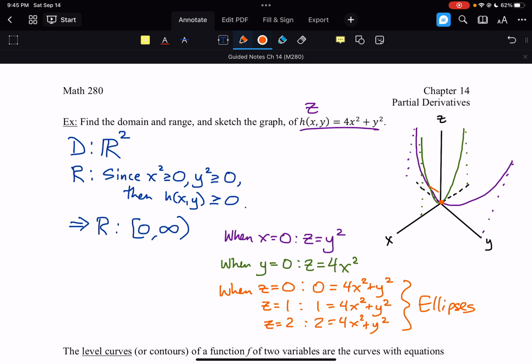Let me try connecting this one first. Yeah, something like that. And then we go up to the next height, and we're going to get something like that.